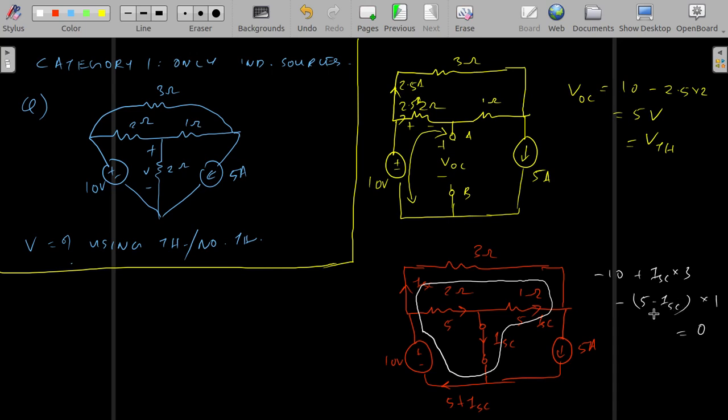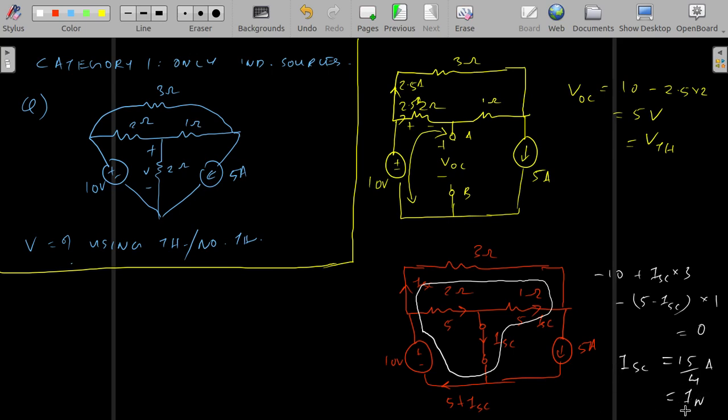Okay, from this, if we rearrange, we will get ISC as 15 by 4 ampere. This is our I Norton.